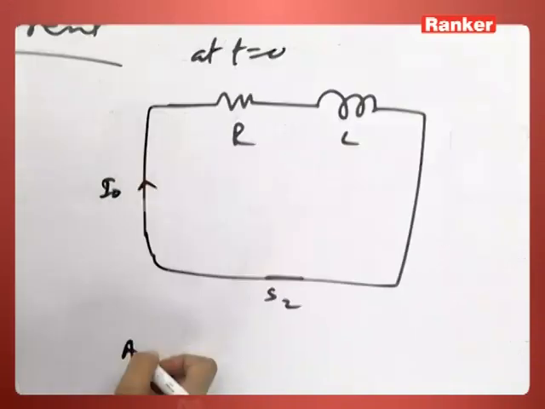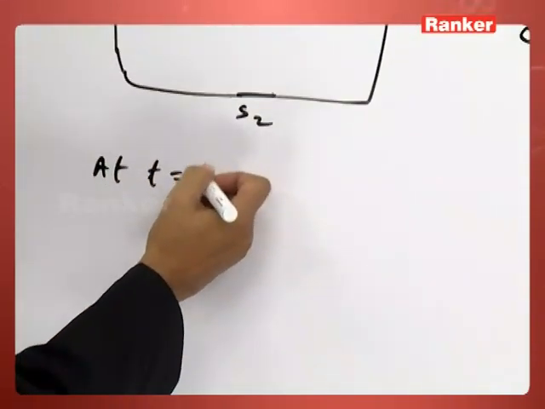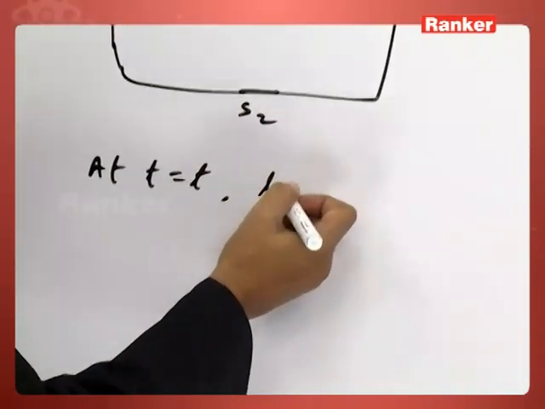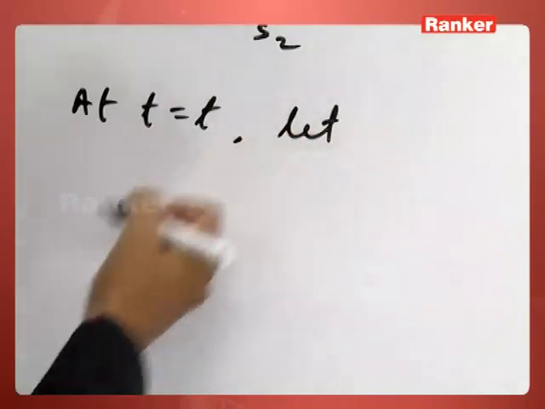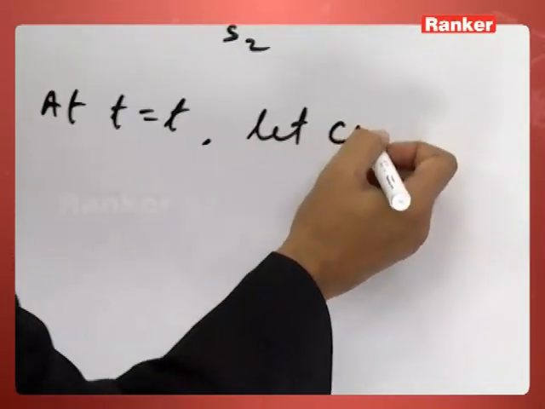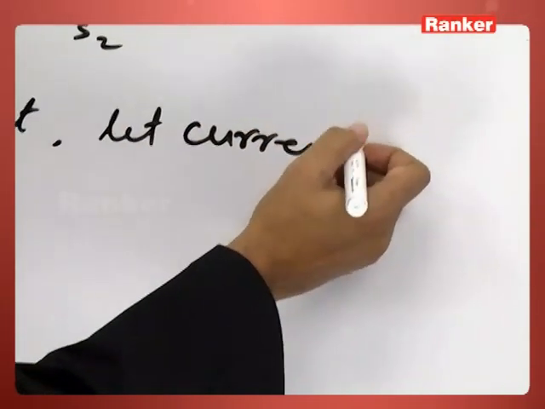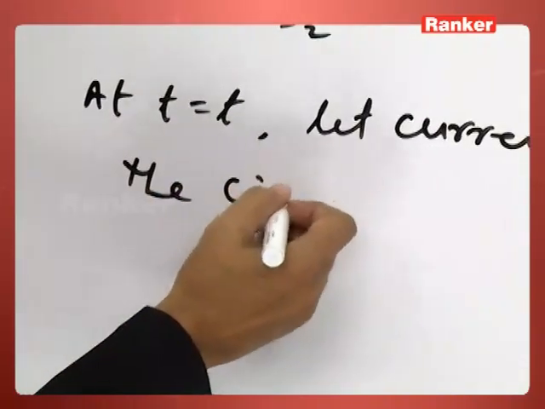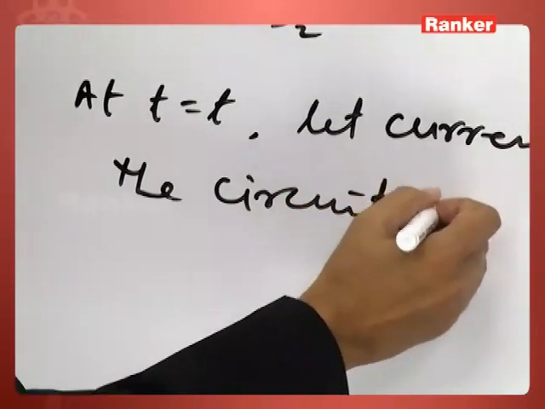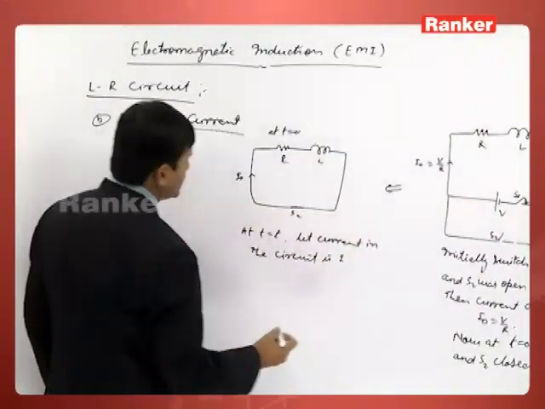So at t is equal to t, let the current in the circuit be I.